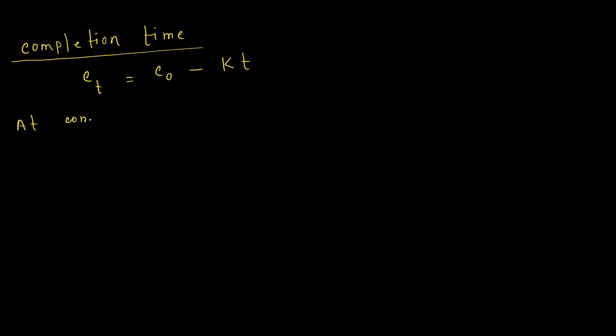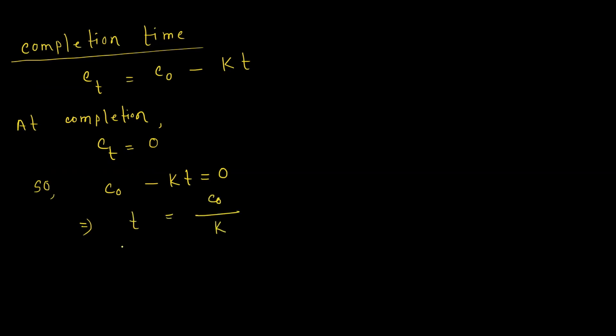At completion of the reaction, the final concentration or remaining concentration will be 0. So we can write C naught minus Kt is equal to 0. So we can write t is equal to C naught upon K. So this is our completion time for a zero order reaction.